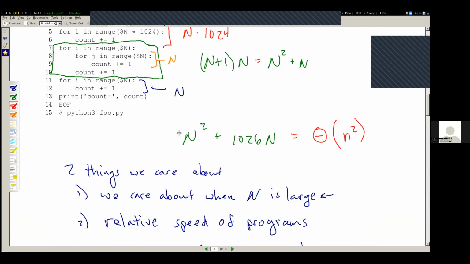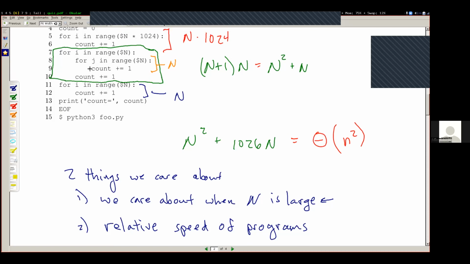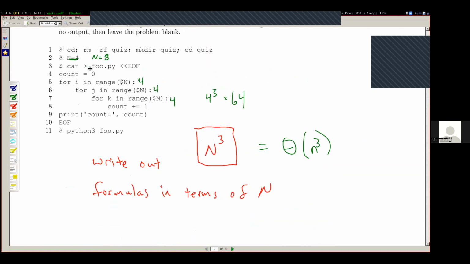In general, when we have these formulas that contain multiple terms, whichever term is the biggest asymptotically is going to be what it's equal to in terms of theta notation. So we have theta of n squared is what this bottom one comes out to be, and theta of n cubed is what this top one comes out to be.